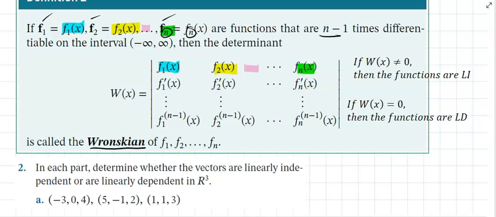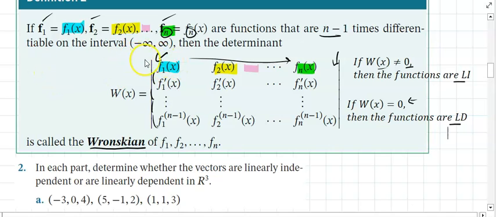Then you take derivatives that many times, making sure the derivatives match how many unknowns you have. You take the determinant of that. If the determinant doesn't equal 0, then they are linearly independent. And if the determinant equals 0, then they are linearly dependent.